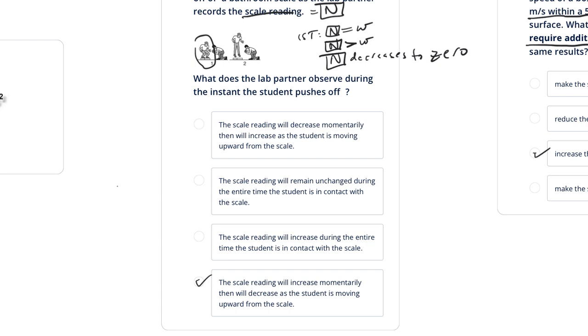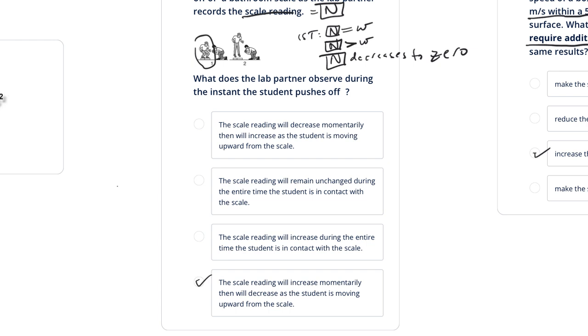So the net force is equal to 18 minus 6, which is equal to 12. So 12 equals the unknown mass times 6. So the mass is 12 over 6, which would be the first choice, 2 kilograms.